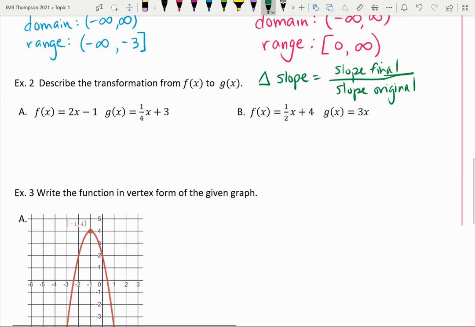The 2 that we're doing here are linear examples. We can apply a similar idea for if these weren't lines. But to find the transformation in slope, I want to take the final slope divided by the original slope, and that'll give me the rate at which they change.